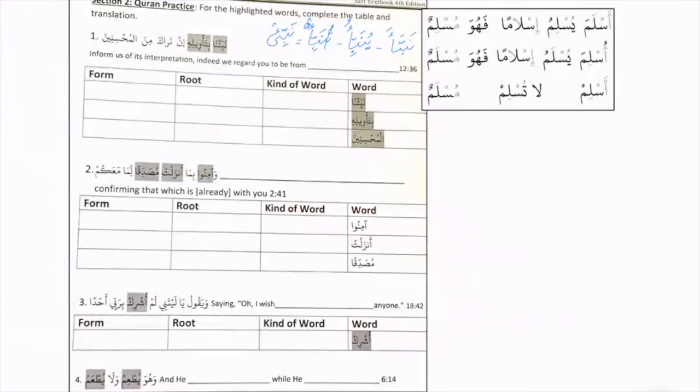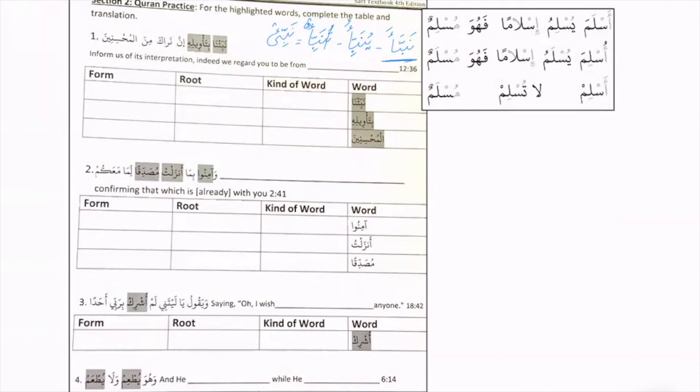Nabbi'na bita'wilihi inna naraka minal muhsinin. So nabba'a is like 'allama, right? Nabba'a yunabbi'u. And then if I go to anta, it will be tunabbi'u.